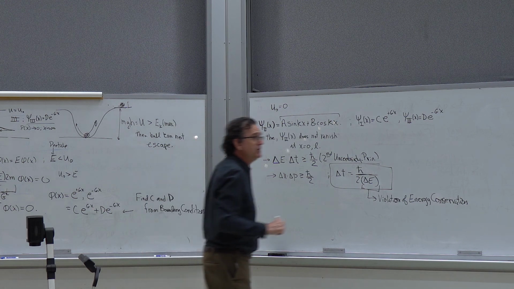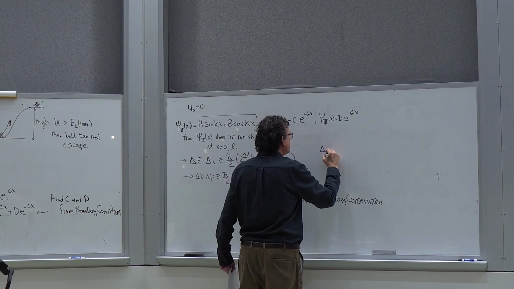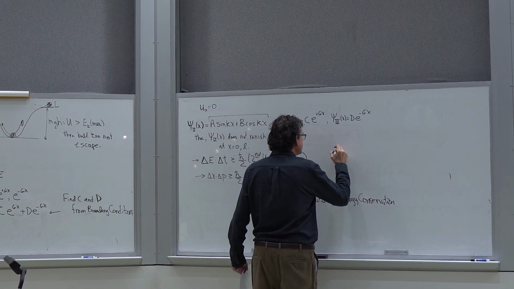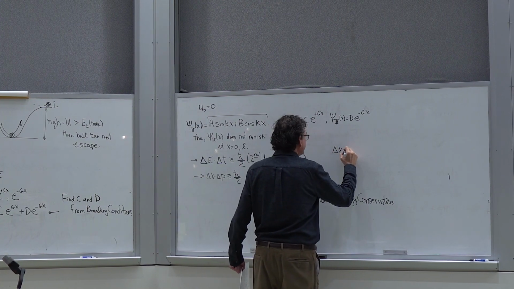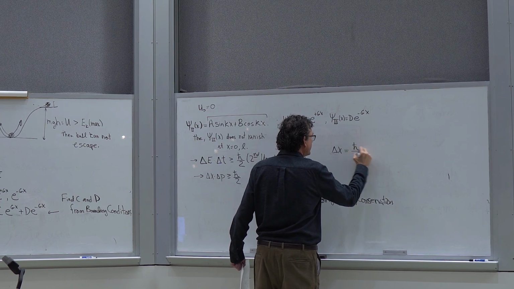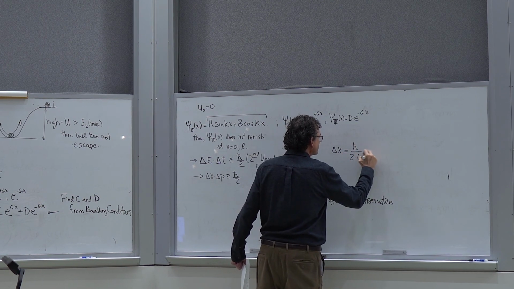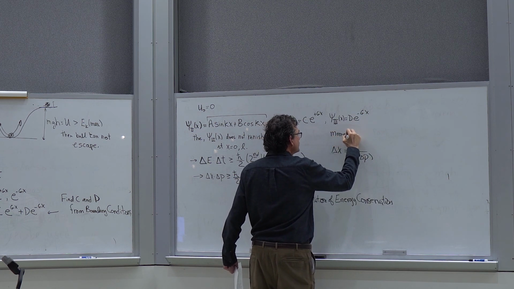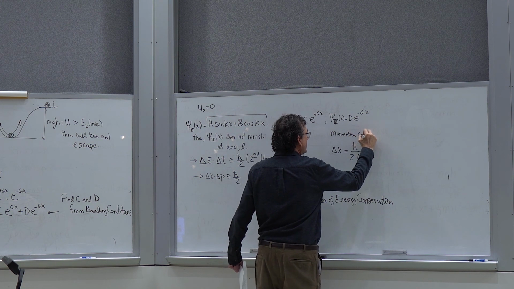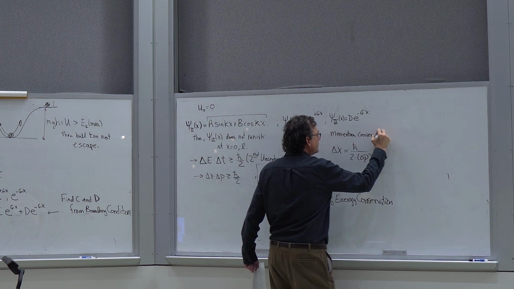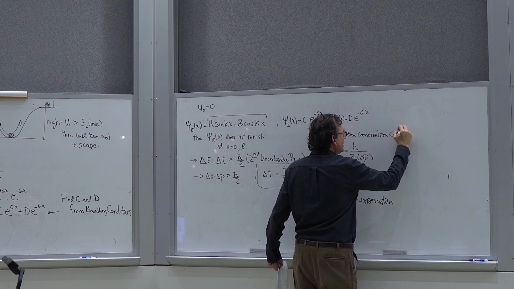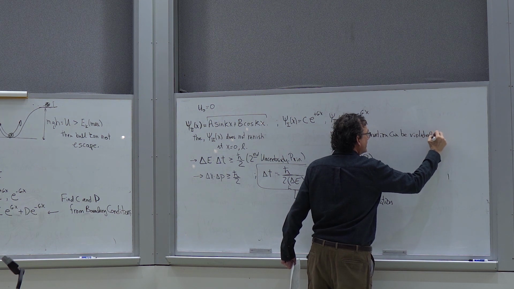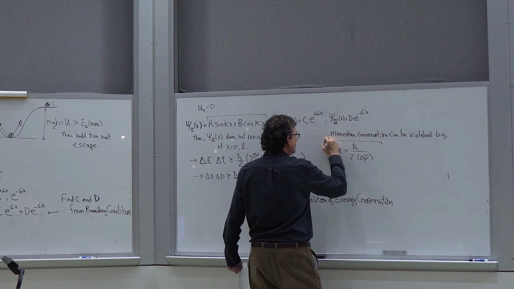And similarly, momentum conservation can be violated by an amount delta P as long as it occurs over a distance delta x, which is of the order of h bar divided by 2 times delta P. So momentum conservation can be violated by this amount.